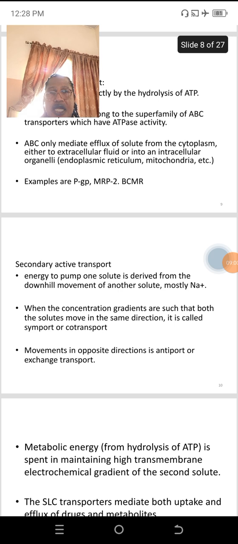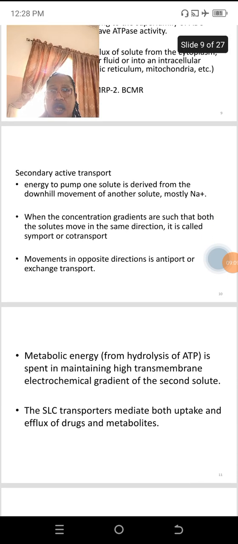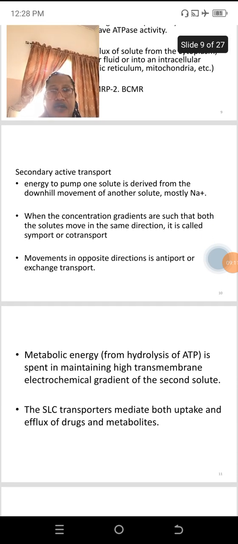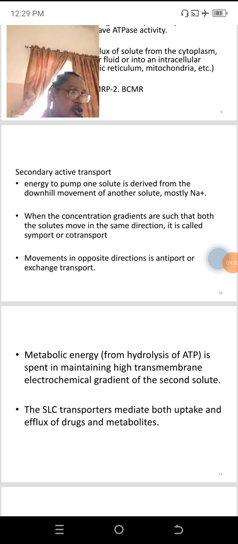When the movement is in opposite directions, it is called antiport or exchange transport. Metabolic energy from the hydrolysis of ATP is spent in maintaining high transmembrane electrochemical gradients of the second solute.